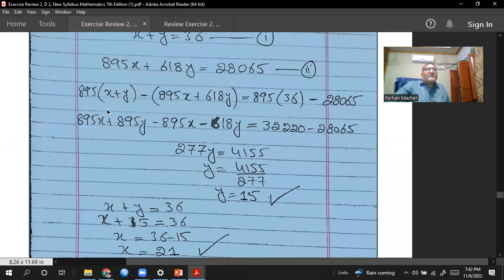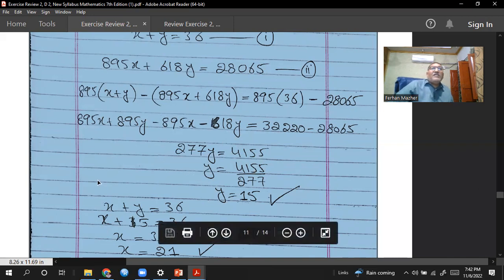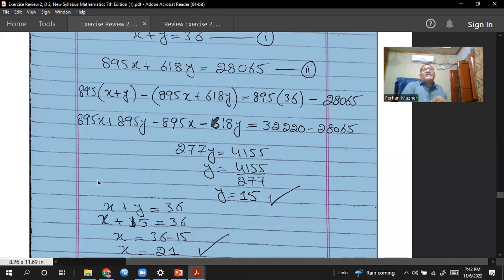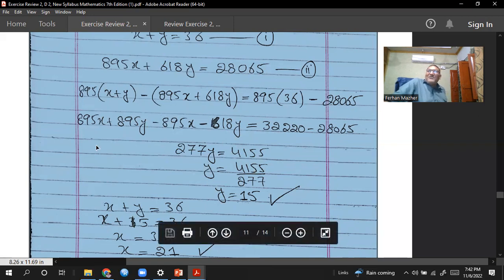So 895x minus 895x cancel. 895y minus 618y will be 277y, and that equals 4,155. So y equals 4,155 divided by 277, so y equals 15. It means the number of tablet computers is 15.